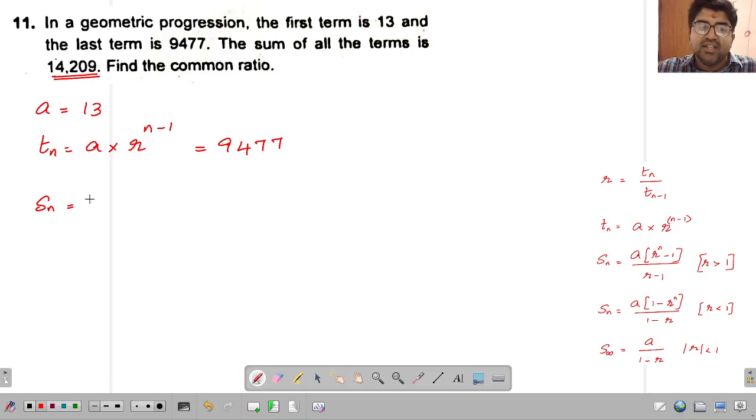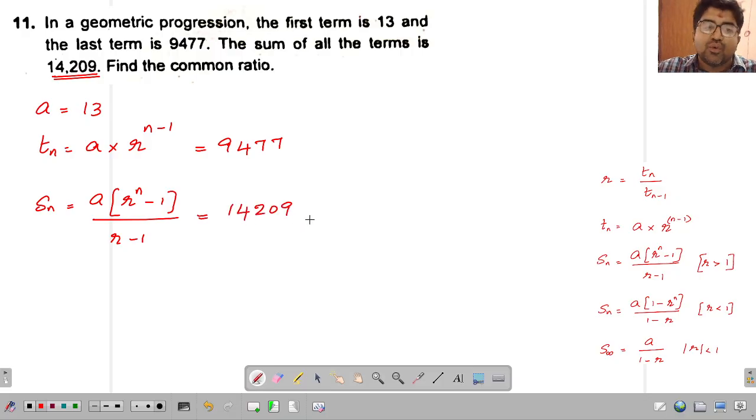I'm going in that logic. So Sn is nothing but a into r power n minus 1 divided by r minus 1. This is given as 14209. So whatever is given to me, I'm just converting it into that mathematical equation here.